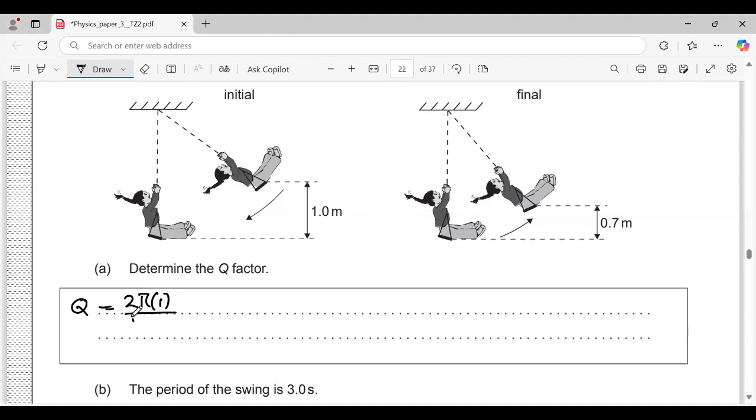The height loss is 1 minus 0.7. And if you calculate, the result is 20.93, or rounded off, 21. So that is the Q factor.